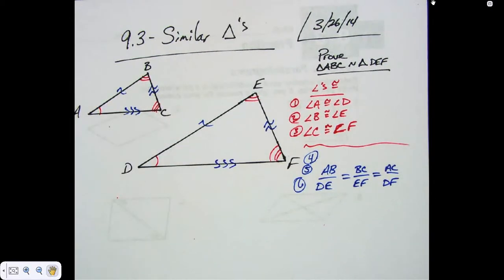So in essence, 6 things. You have to prove these ratios are all the same and that the angles are congruent.